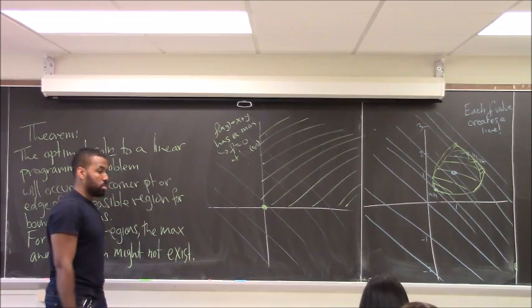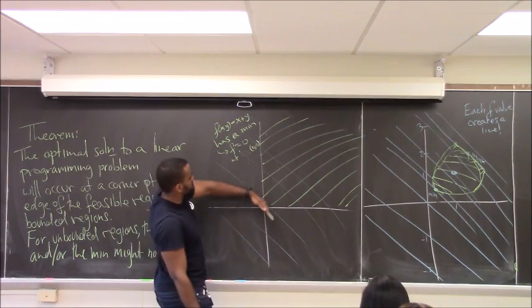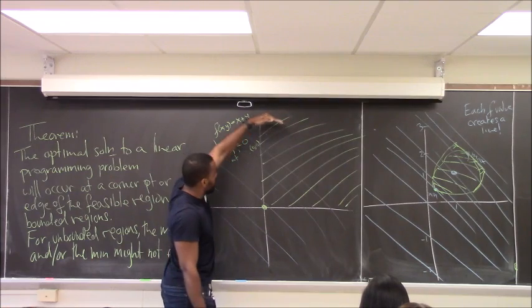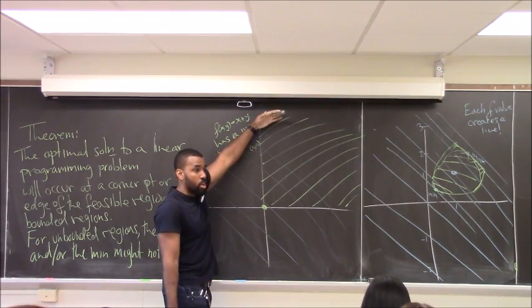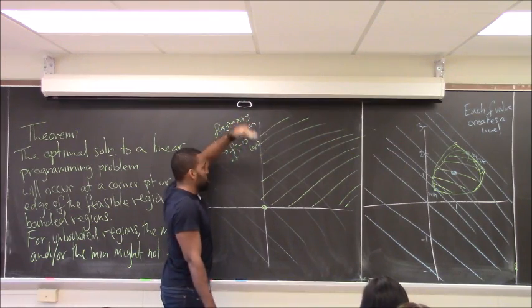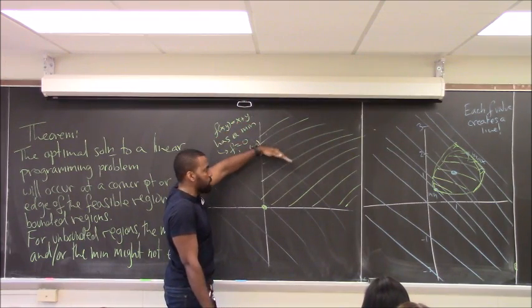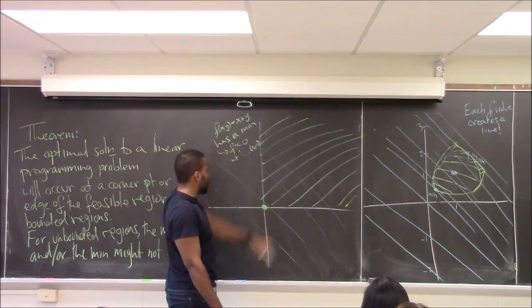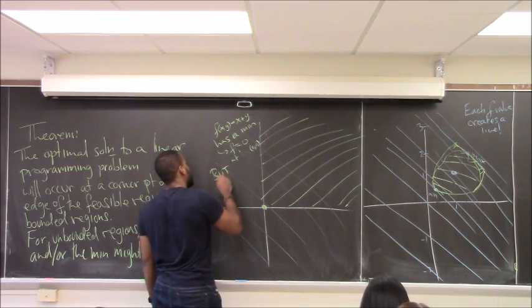However, what is the maximum? Well, to get the maximum, I'm just going to keep shifting this thing up until I get the biggest value possible. But guess what? You'll be shifting it up forever because this green shaded region never ends, right? No matter where you are at the line, you can shift up higher and you'll still be inside the shaded region. And you can just do that forever, but it has no max.